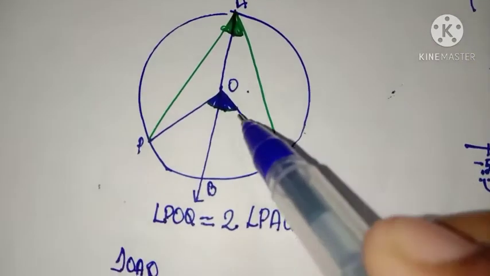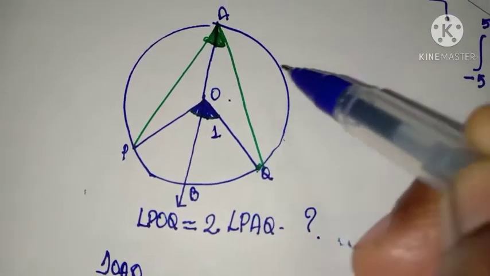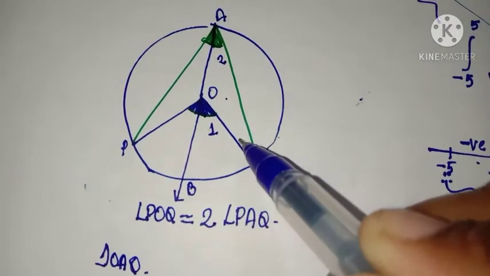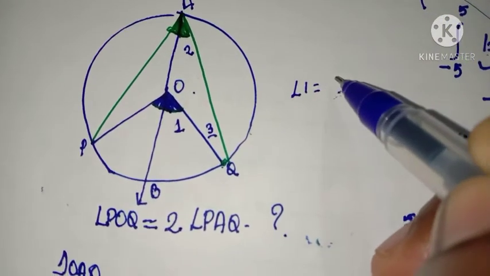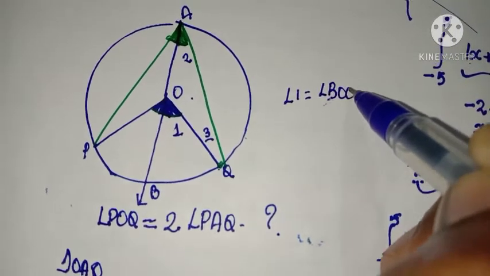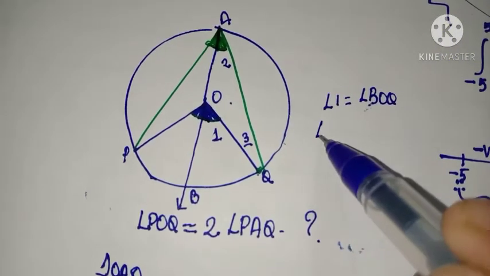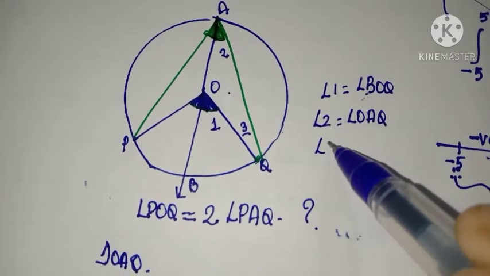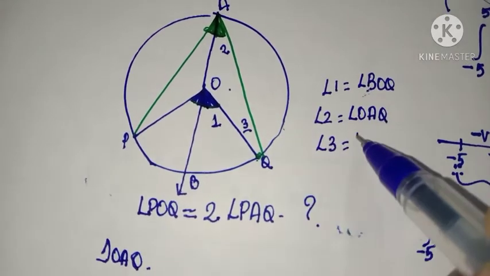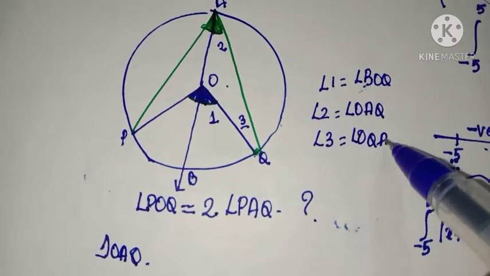Take this angle as 1, this as 2, this as 3. Angle 1 is angle BOQ. Angle 2 is angle OAQ. Angle 3 is angle OQA.